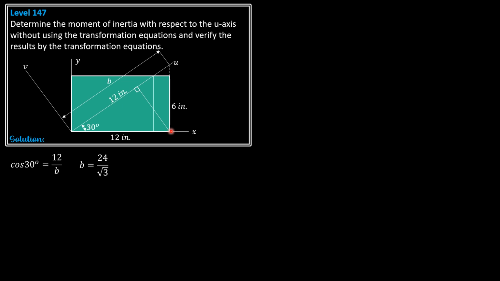So this height here, perpendicular to this big triangle, is equal to 12 inches hypotenuse, this 12 here, times sine of 30 degrees, so that's also 6 inches.